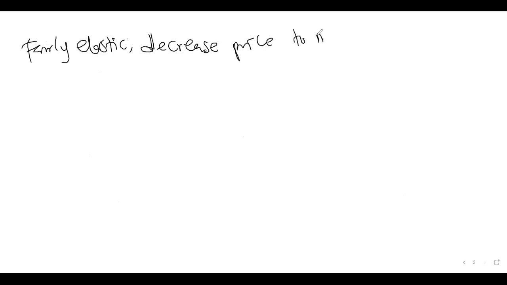So for fairly elastic, we decrease price to increase revenue. Okay.